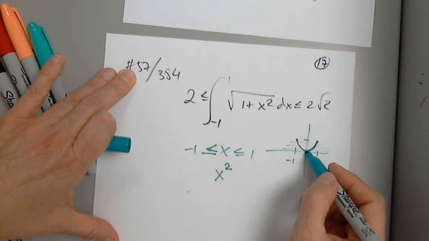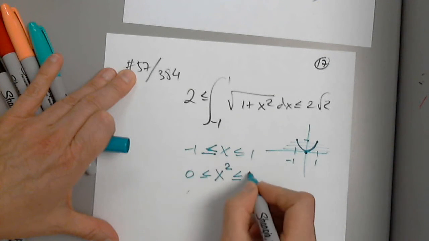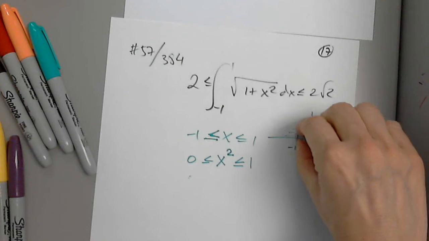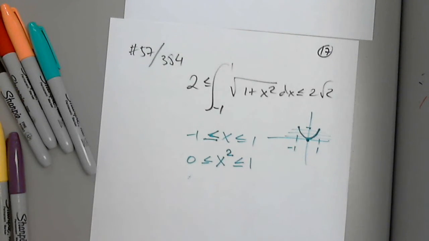From 0 to 1. Do you agree with that? For any number between -1 and 1, x squared cannot be a number other than between 0 and 1. If you square 1/2, you will get a number between 0 and 1.